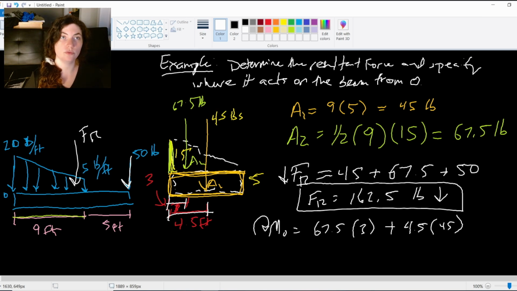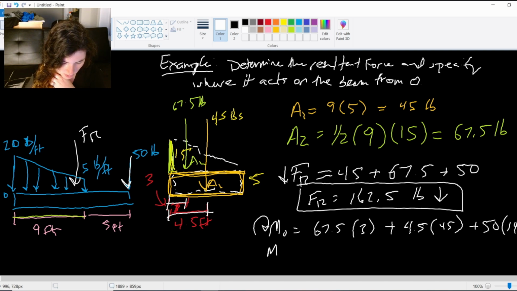Those were our two resultant forces. And then don't forget the 50 pounds again. Plus 50 times that distance, which is 9 plus 5 is 14. So I get that the moment is 1105 pound-feet. And then again, I know moment is force times distance.